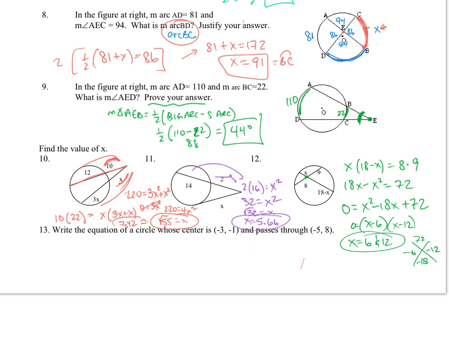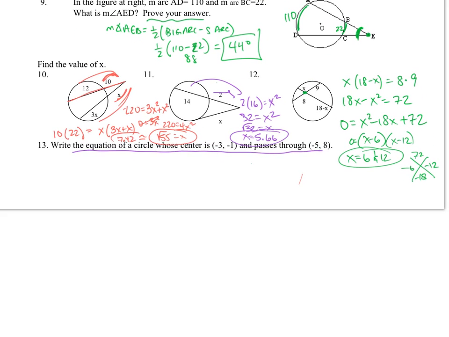And on the last problem, it says write the equation of a circle whose center is at negative 3, negative 1, and passes through that point. So we know that the equation of a circle is x minus h squared plus y minus k squared equals r squared.